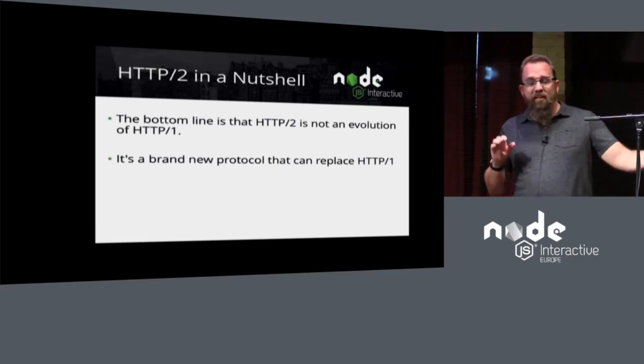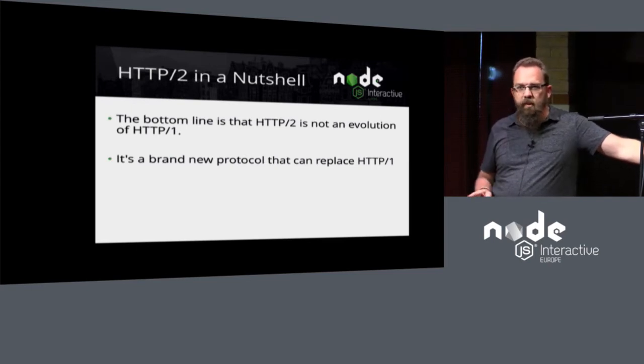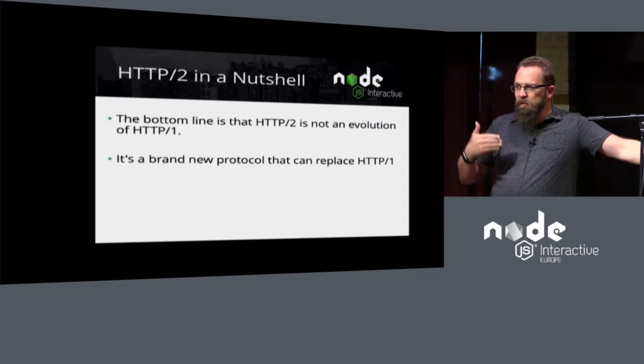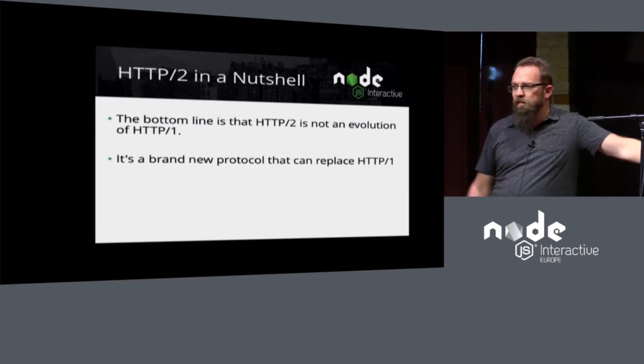The confusion is not helped by the fact that you can serve H1 and H2 over a single connection, right? You can have a server stood up that will allow the client to decide how they're going to communicate, right? And if they want to talk H1, then your server can just talk H1 with it. But over the same port, if a client comes in and says, hey, I talk H2, that's what I want, the server can also communicate with the client over H2, all happening over port 80, right?